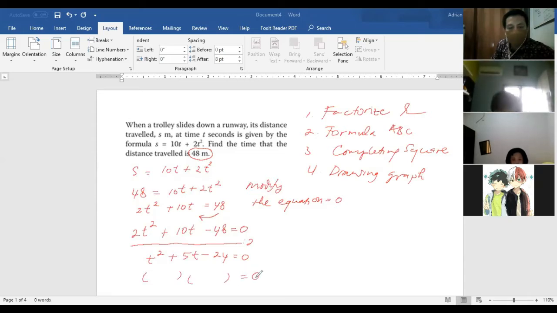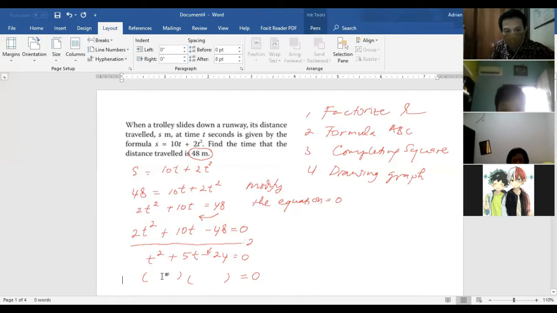Equals 0. Look at the constant. When c is negative, it means different signs. Different signs means positive negative or negative positive.